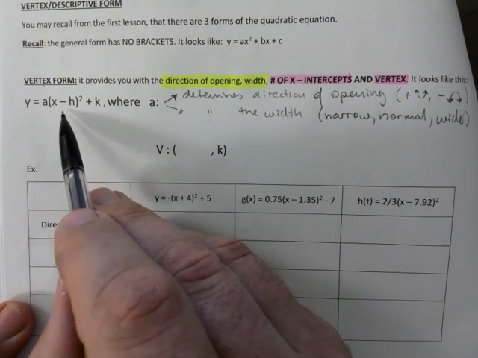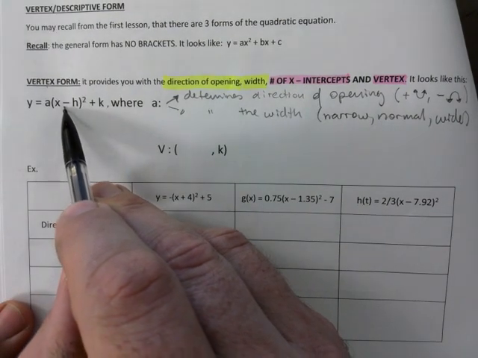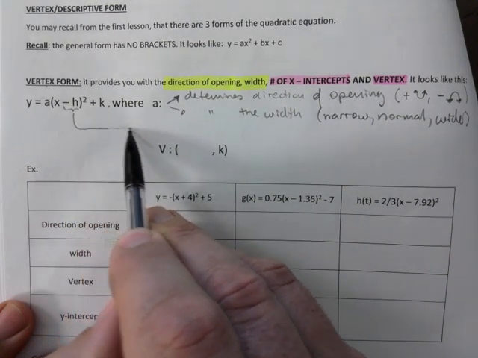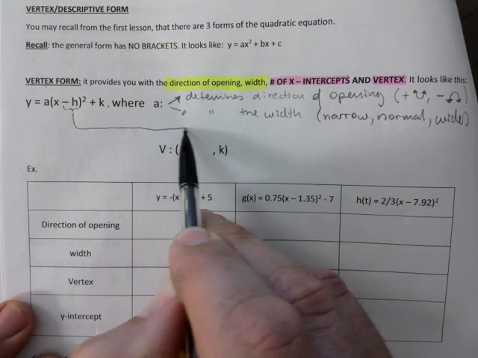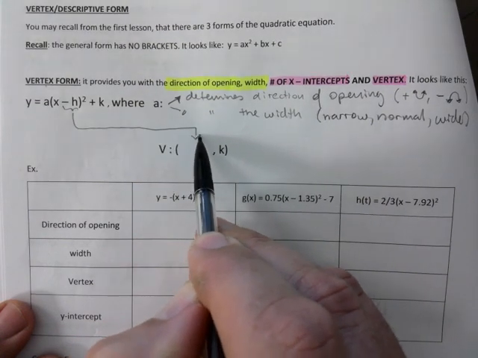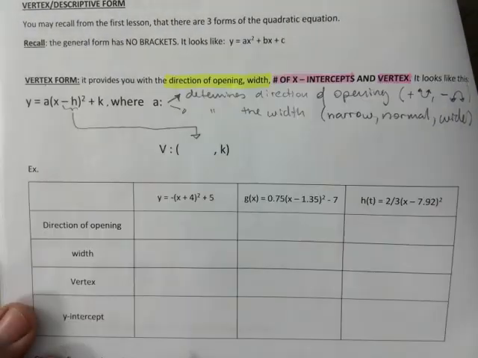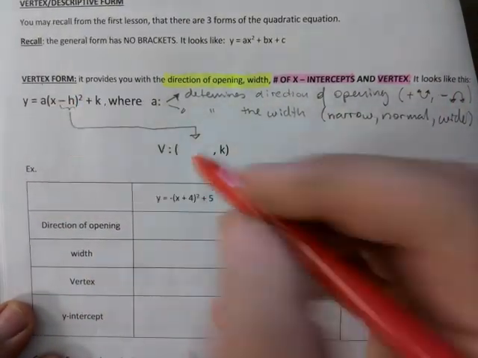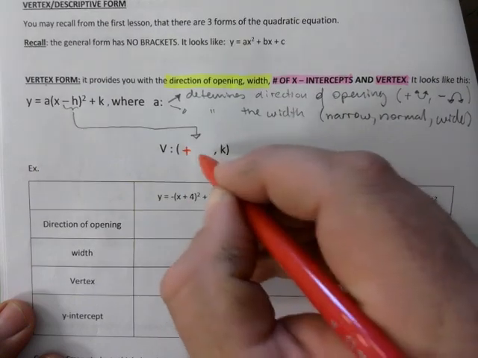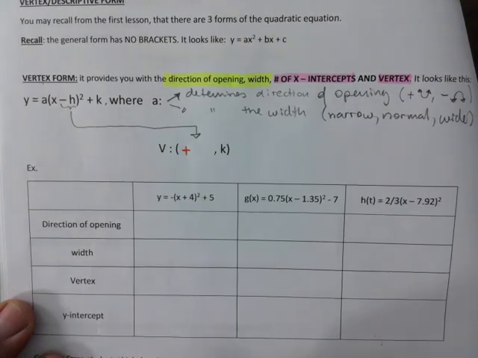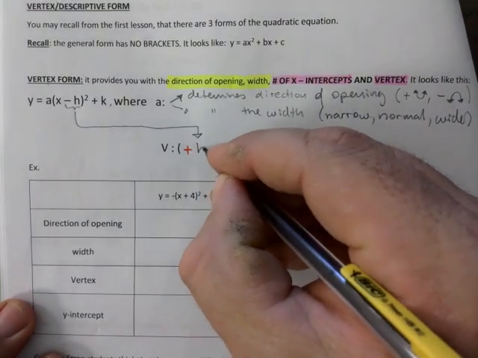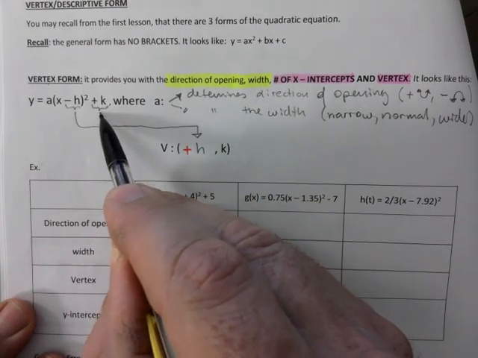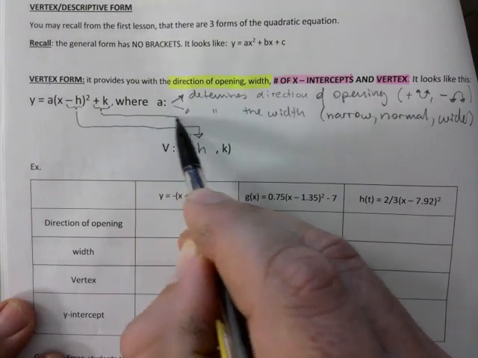The vertex, watch this. You take this whole thing and you plug it in there. But when you bring it out of the brackets, I think I already told you, if it's negative there, it's going to go plus H, right? Plus H. And K, you take the whole thing for K, sign and all, and you insert it there.